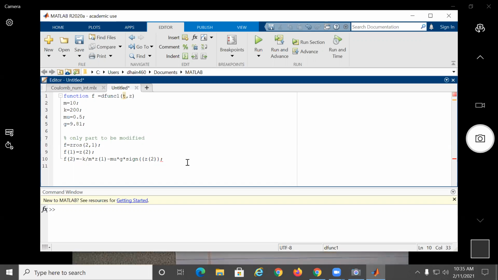I think that's it. That's what we need to do. Did I forget here a parenthesis? 1, 2, 1, 2 looks fine.